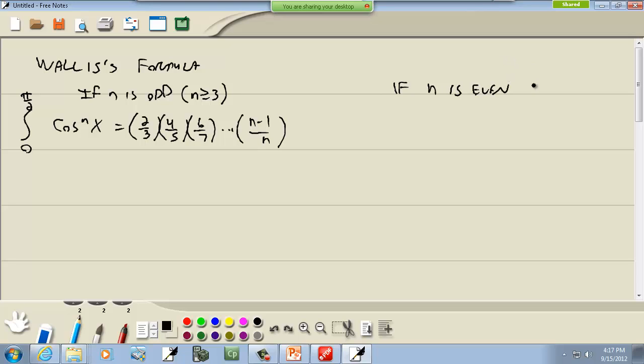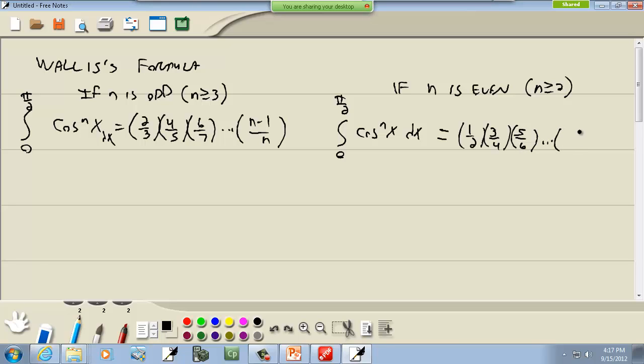And then if n is even, specifically n is greater than or equal to 2, then the integral from 0 to pi over 2 of cosine to the nth power, I didn't put a dx there, but it should be, would be 1/2, 3/4, 5/6, all the way up through n minus 1 over n times pi over 2.